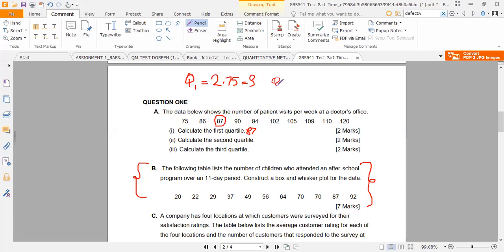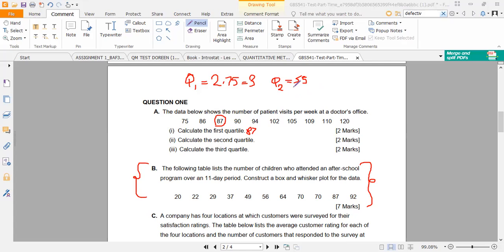Q2 is what? Half of N plus 1. Half of 11 is 5.5. Sula, 5.5 means what? You add the fifth and the sixth, and divide by 2.